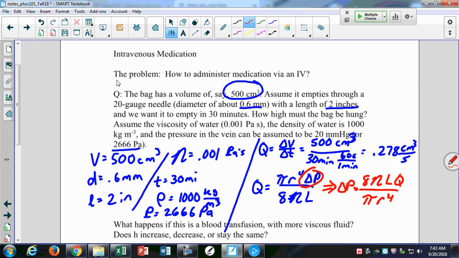That is, the difference in pressure across that needle, from the beginning of the needle to the end of the needle, that will get us the flow rate we need to empty the entire bag in 30 minutes. Okay?